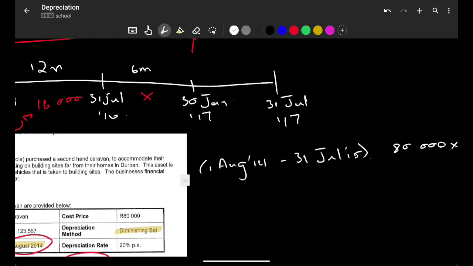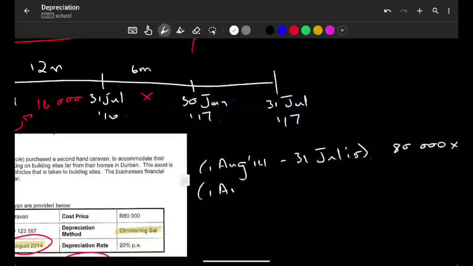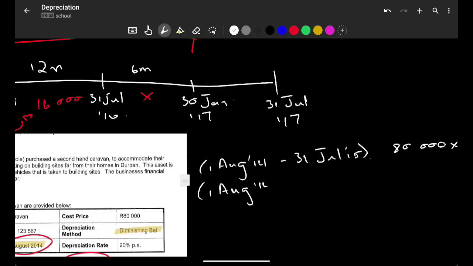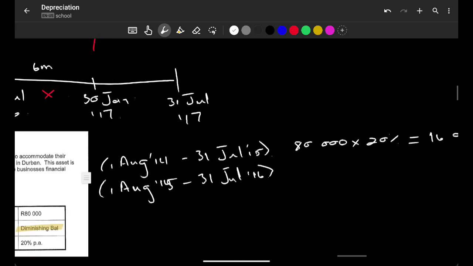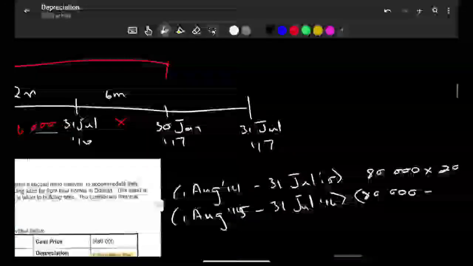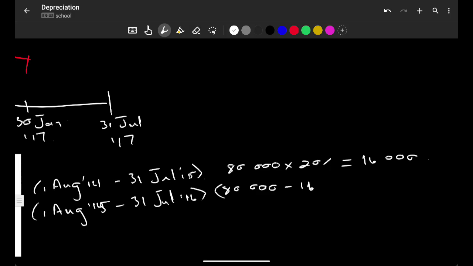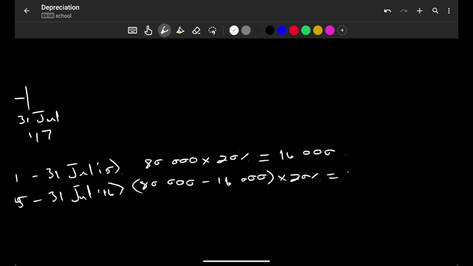So calculating our depreciation on the diminishing method for the year 1 August 2015 up until 31st July 2016, we will say 80,000 minus our accumulated depreciation of 16,000 at that point, multiplied by our 20%, and that gives us 12,800.